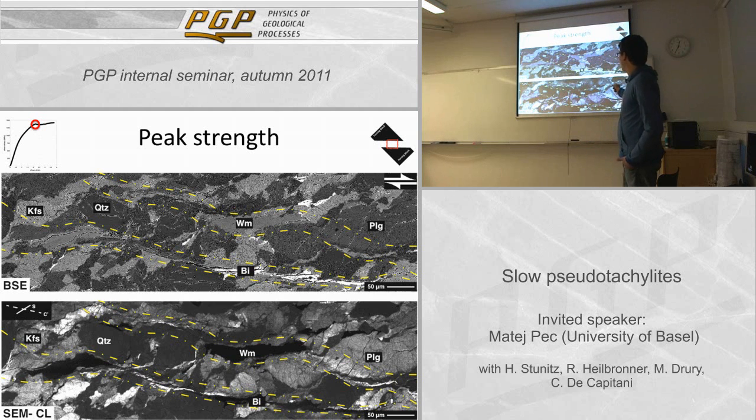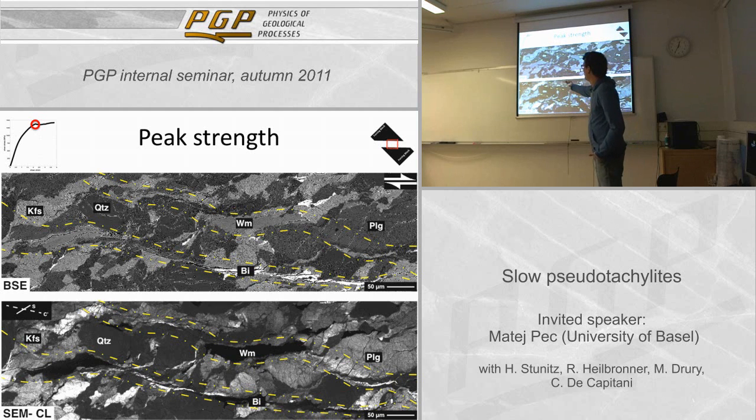They are very well traceable in cathodoluminescence pictures. So this would be a SEM cathodoluminescence, and here we can see the same areas taken in the backscattered electron pictures, and we can see that between this biotite, which is here in the backscatter very bright, here very dark, there is a zone of intensely shining material, which is actually feldspar material over here, and it connects to another mica.